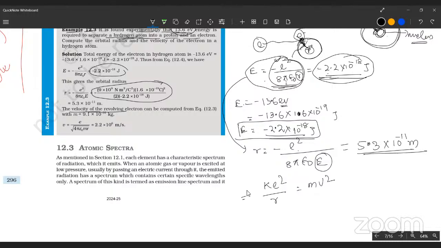This is the relation we know. So we can find v square equals Ke square by mr, or we can say v equals under root of Ke square by mr.